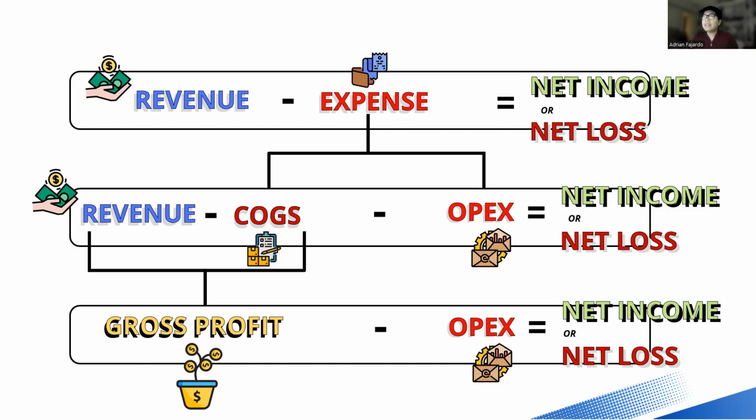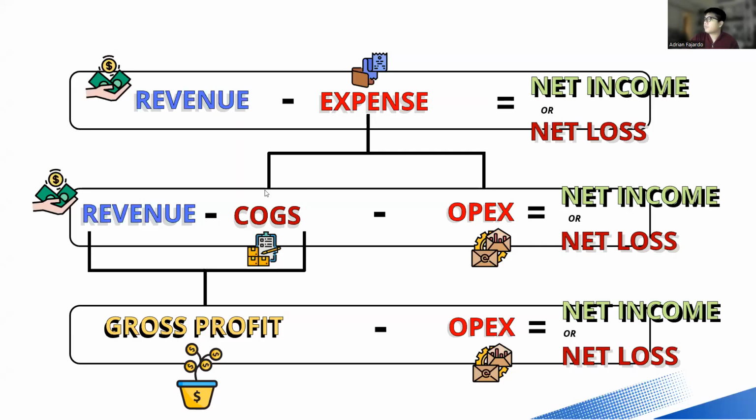So they split their expense in terms of both COGS and OPEX. Right? So from expense, naging COGS and OPEX. But then finally, you'll be able to get gross profit. So revenue minus COGS is equal to gross profit minus operating expense is equal to net income or net loss.